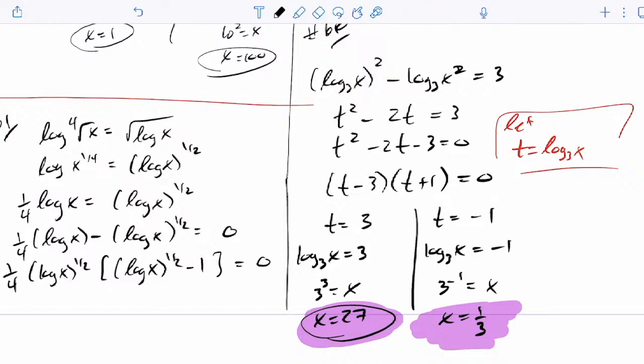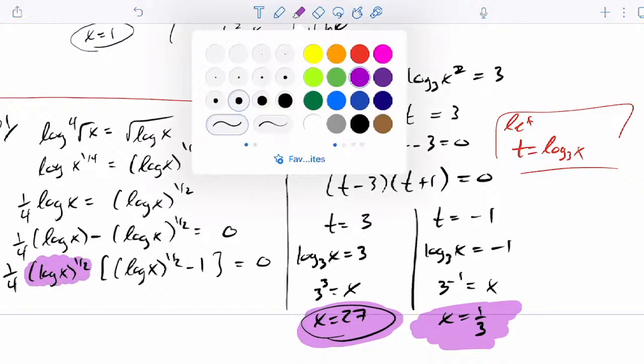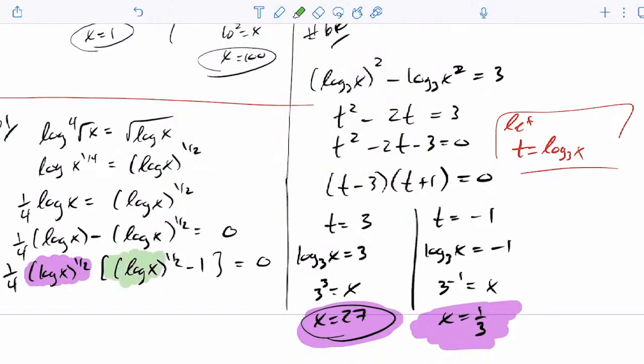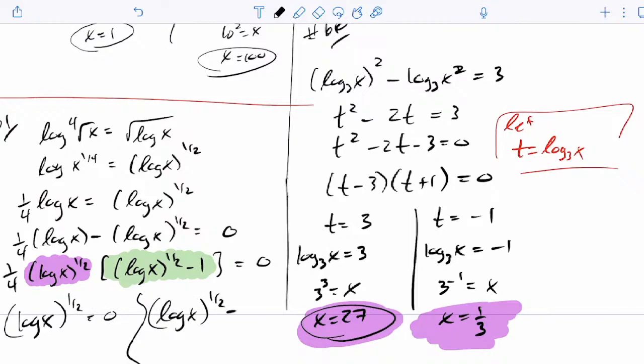Then you set either this thing is 0 or this thing is 0. Those are the only two options. So option 1, log of x to the half is 0. And option 2, log of x to the half must equal 1 for that to be 0.